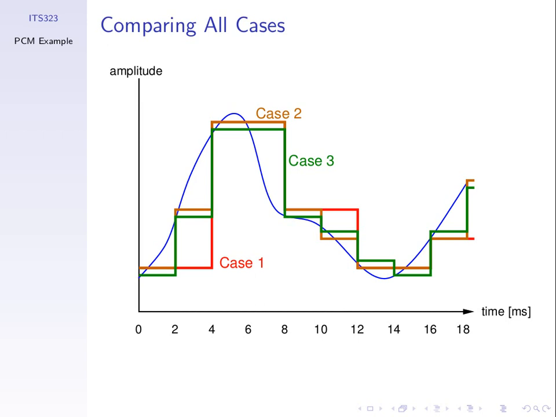Well, the orange one, ignoring the green one, is closer to the blue line, because we see the red one is under the orange one here. It's hard to see. So they're the same here, but then the orange one is close to the blue line, whereas the red one is further away. That is, we could say that case 2 produces a closer reproduction of the original analog input than case 1 does. That's better from the user's perspective, because when we, say, play back the audio, it will sound closer to the original audio.